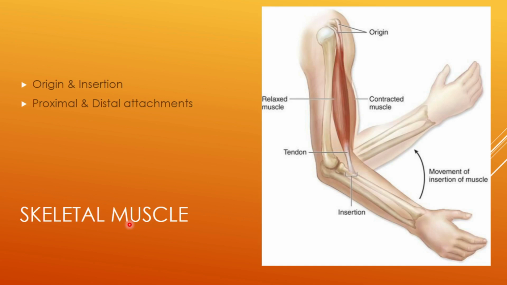We can either refer to these as proximal and distal attachments, or we can call them origins and insertions. I don't mind which terms you use. Anatomical vocabulary is bonkers. We have lots of different terms to describe the same thing. So I'm happy for you to choose whichever you're more comfortable with and stick with that.